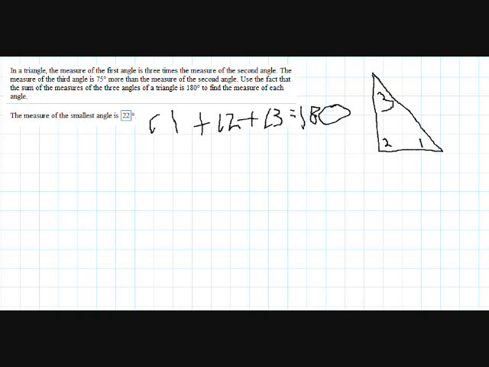So angle 1, angle 2, angle 3 are 180 degrees.